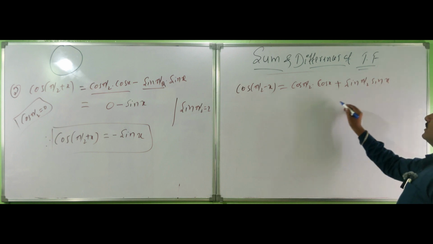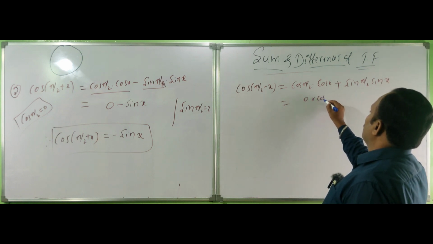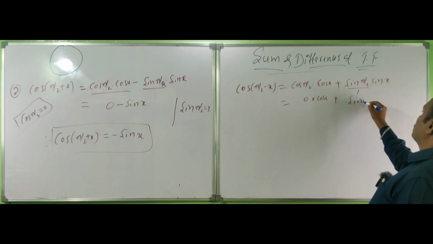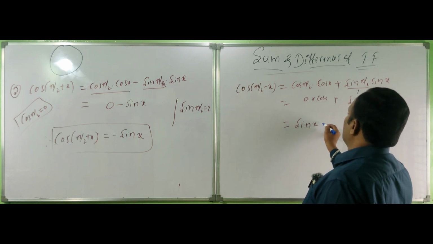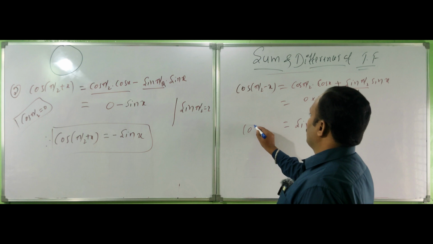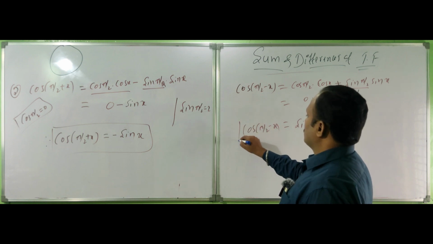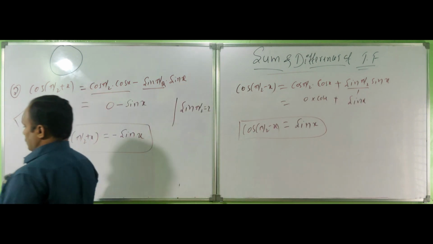So this gives 0 into cos x plus 1, which gives sin of x. So cos of pi by 2 minus x is sin x.